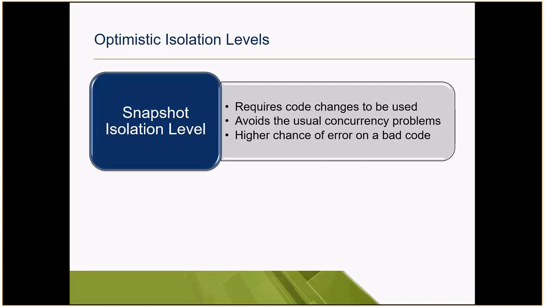However, there is a higher chance of error on bad code. I will explain more about this later. What do I mean by bad code? I mean that sometimes our code is not perfect. Our code has errors, has some bugs.